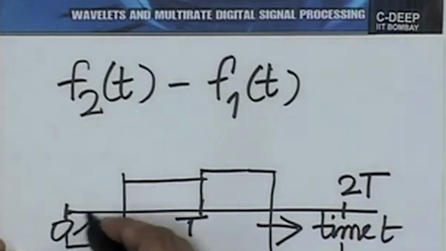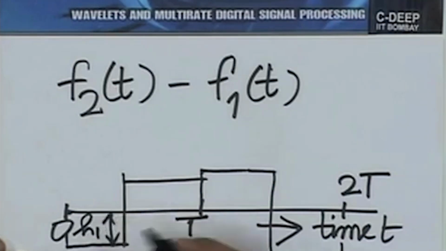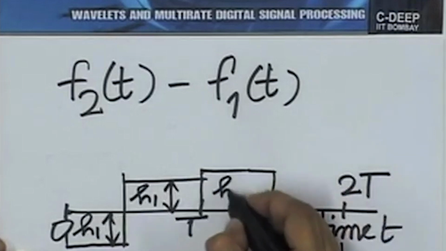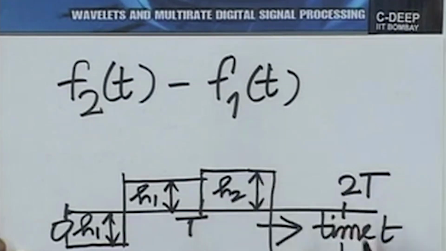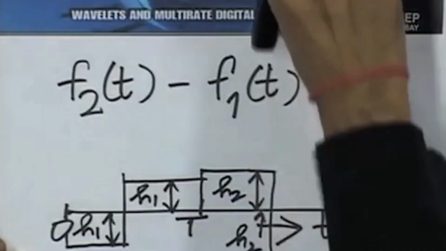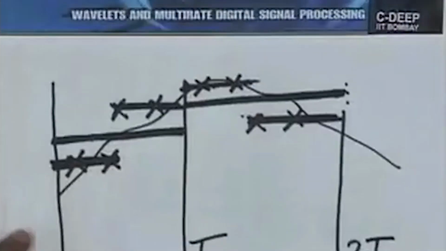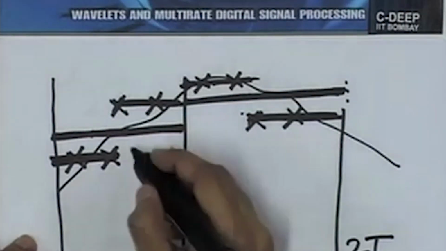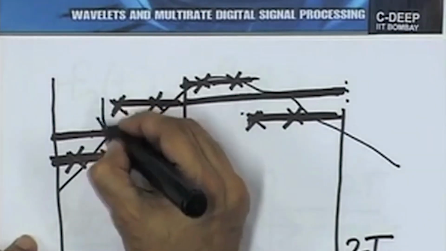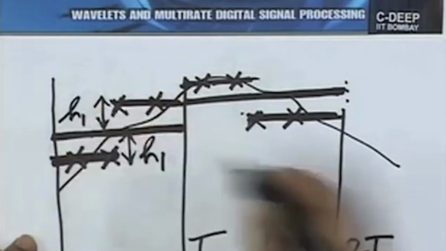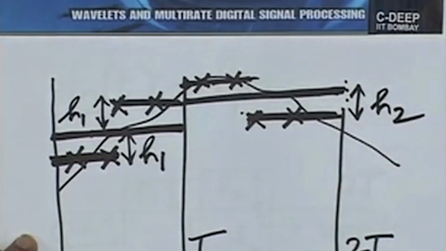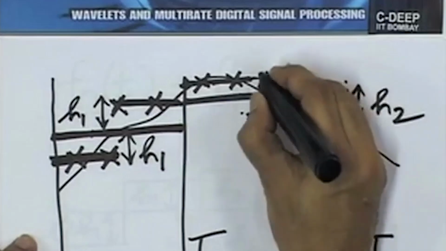Maybe this has height h1 and this has height h2. Let me mark h1 and h2 on this diagram too. So, this is h1 and this is h2. Of course, so is this.